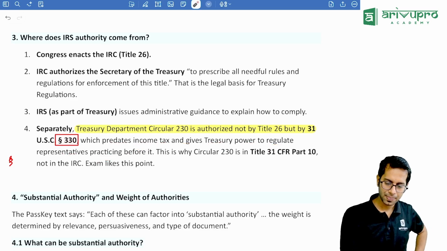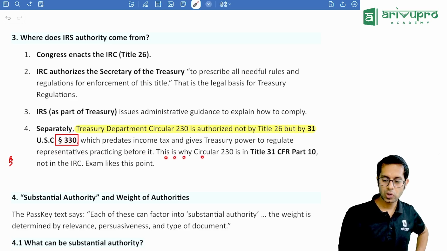I'll read this again. Separately, Treasury Department Circular 230 is authorized by Title 31 of USC, which predates income tax and gives Treasury the power to regulate representatives practicing before it.